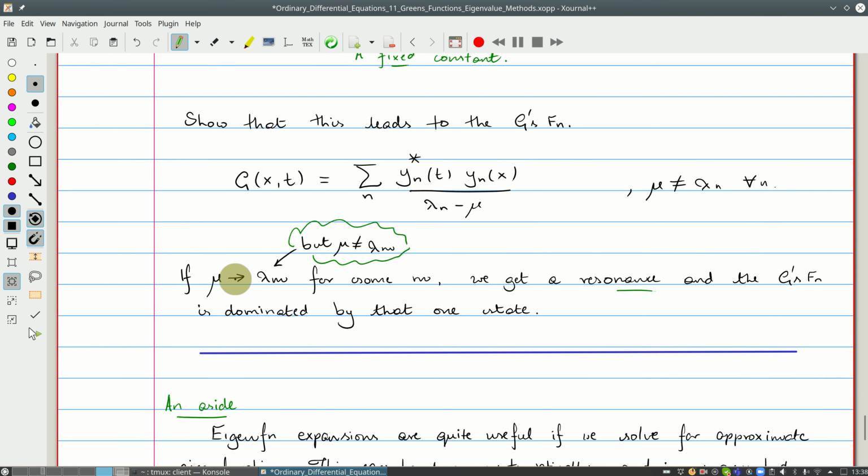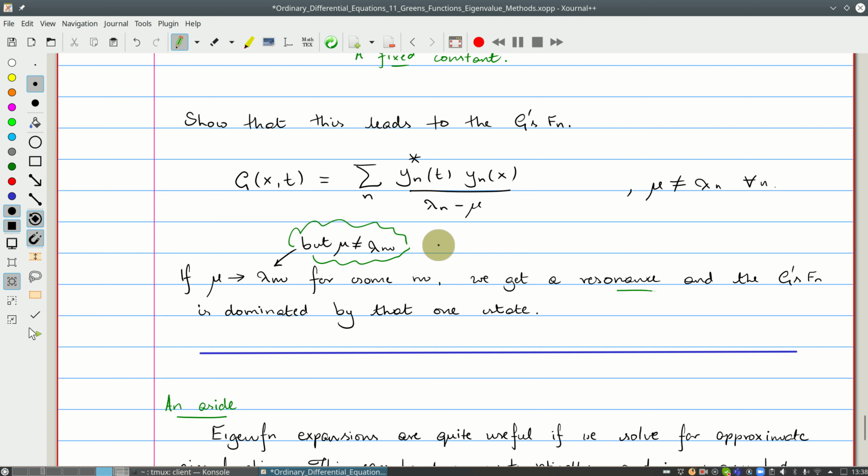Now, if mu does approach one of these lambda m's, but is not equal to it for some m, then we get what's called a resonance. And the Green's function is dominated by that one state. This happens in real-world applications of Green's functions, and that's where you start to see real resonances.